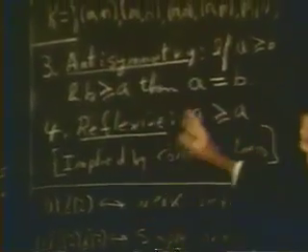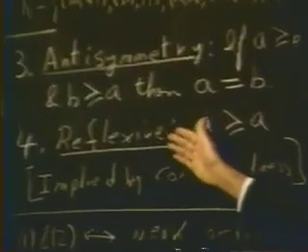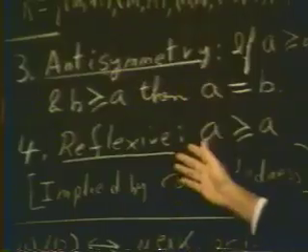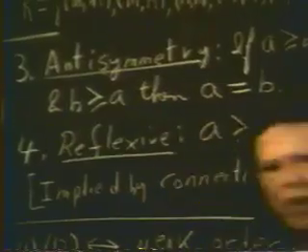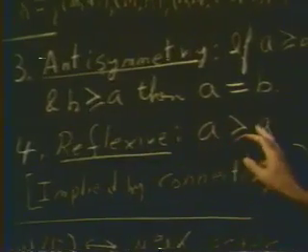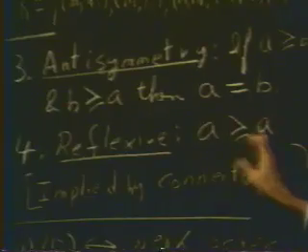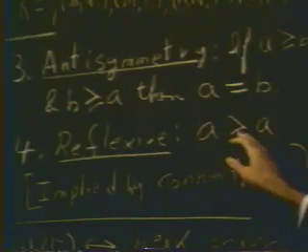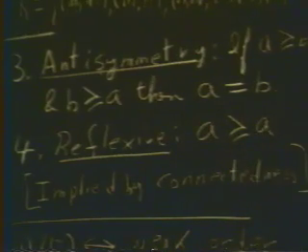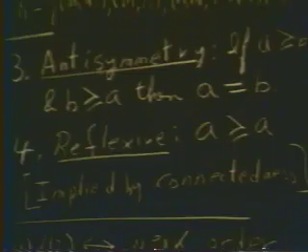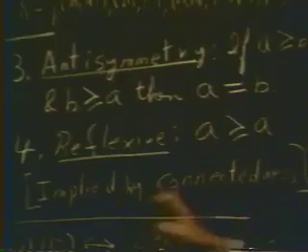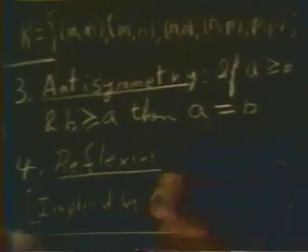Now, a fourth order property that is important but redundant in terms of what we said thus far is a relation being reflexive. A is at least as tall as A. A is at least as heavy as A. In general, A bears a relation, at least as great as, to A. Notice, of course, that the reflexive property, A at least as great as A, is implied by connectedness, by the relation being connected.